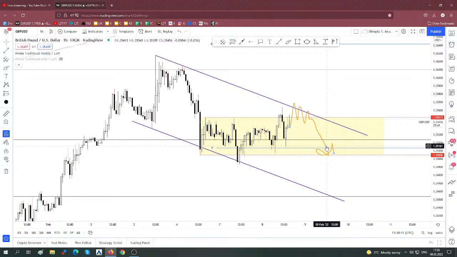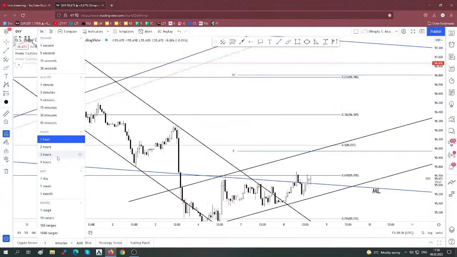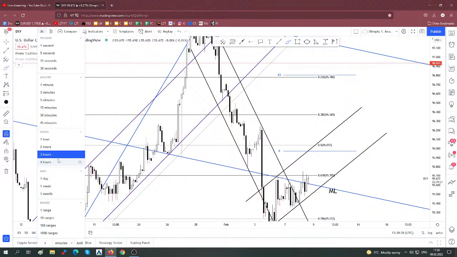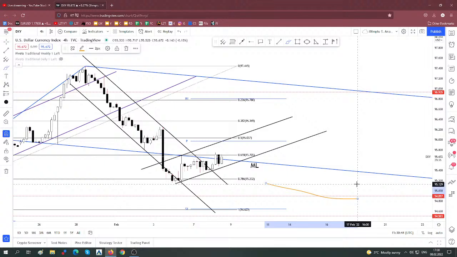Dollar index again on 1 hour, 3 hour, 4 hour. In 29 minutes, guys, this 4 hour candle will be closed.